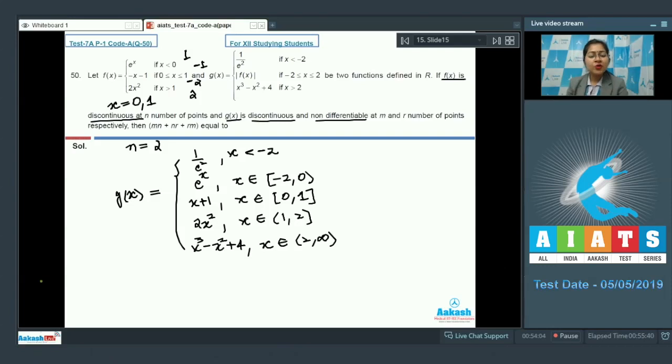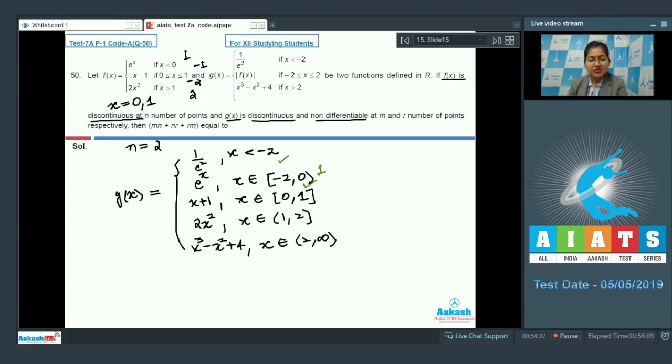Now for discontinuity, let us check it. At minus 2 minus the value will be 1 upon e square. For x equal to minus 2 plus the value will be e raised to the power minus 2, that is equal to 1 by e square. So it is continuous at x equal to minus 2. Now at 0 minus the value is 1, and at 0 plus the value is also 1, so it is continuous at 0 also.